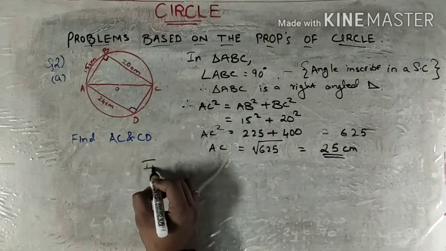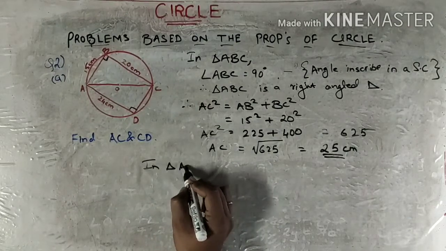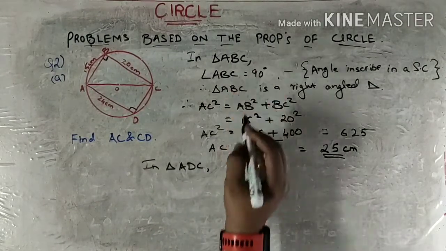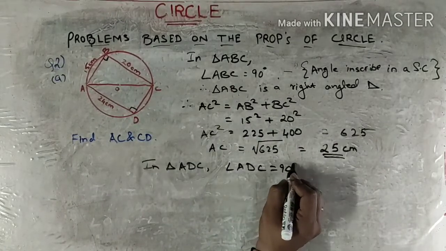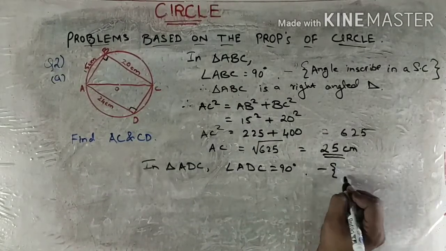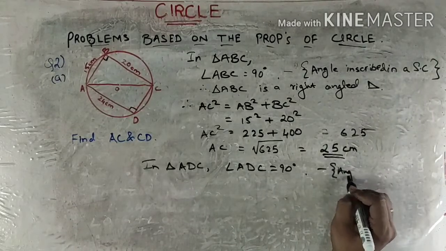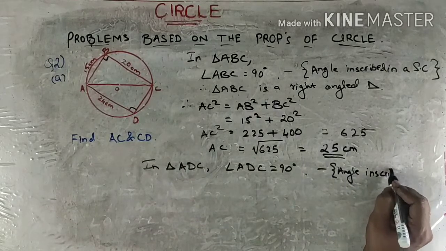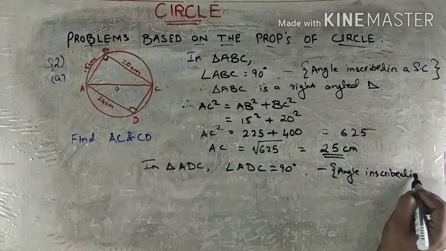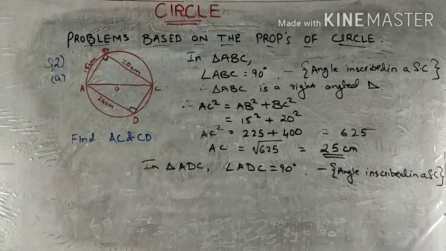So in triangle ADC, again we repeat the process. Angle ADC is equal to 90 degrees. Therefore angle inscribed, the reason is angle inscribed in a semicircle.